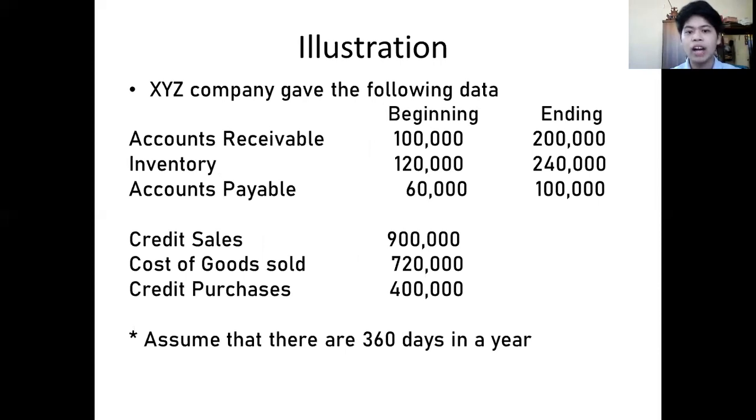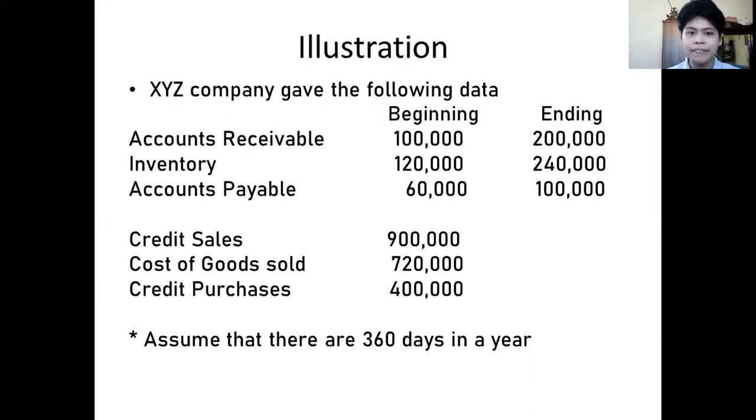So yun, accounts receivable, inventory, and accounts payable. So given yung beginning and ending balances. And then we also have credit sales, 900,000 pesos.